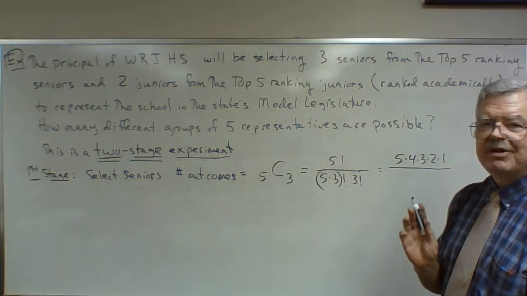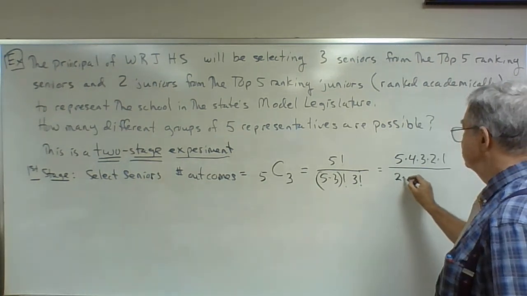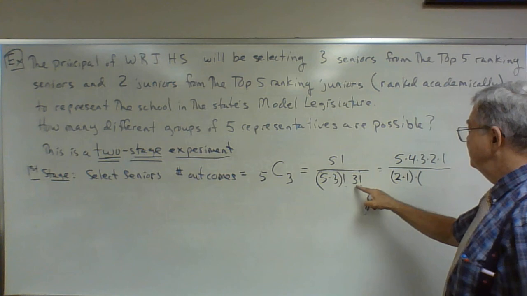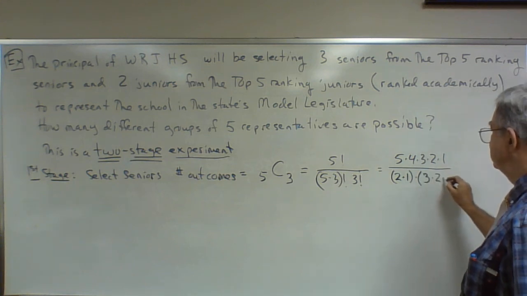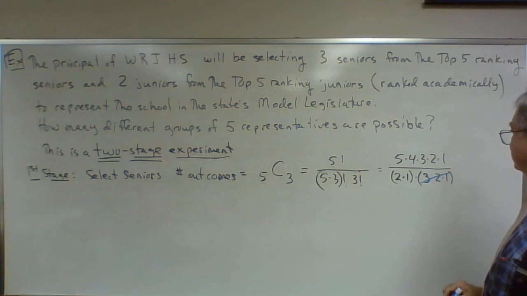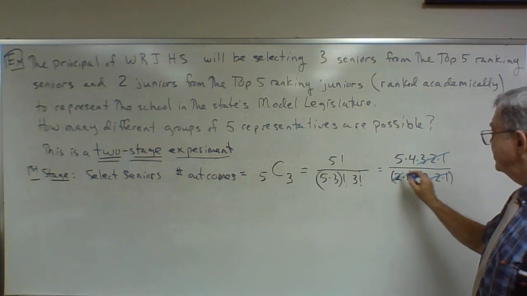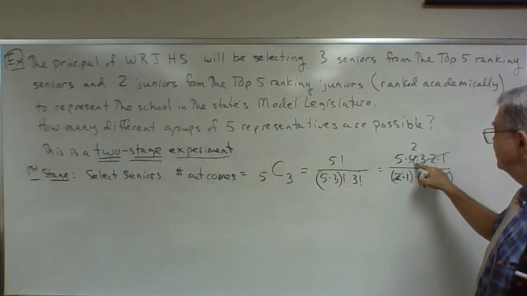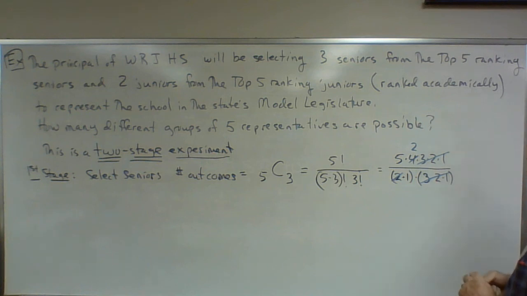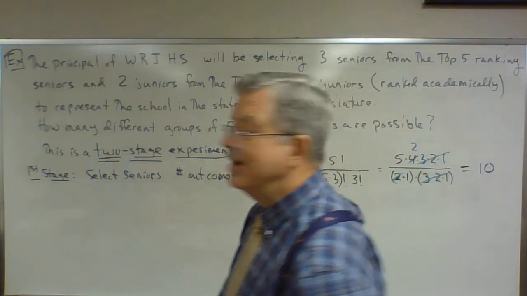If you can use your calculator to do this, by all means do it. This is 2 factorial, 2 times 1. This is 3 factorial, 3 times 2 times 1. And these cancel, and the 2 here cancels with one of the 2's and the 4. So, wow, okay, I guess there are 10 ways we can do this. Oh, thank goodness, small numbers for a change, huh?